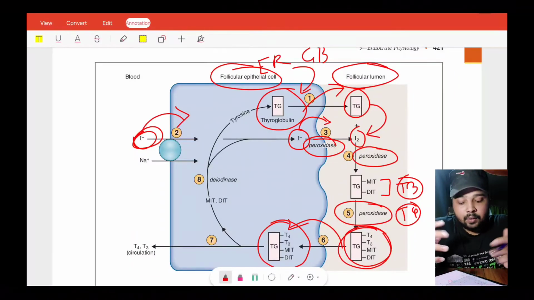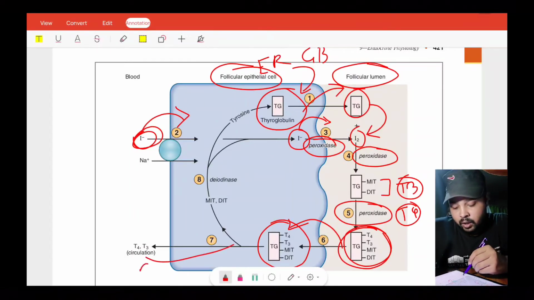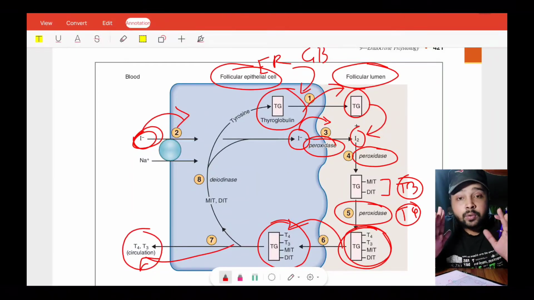They become free and move from the follicular epithelial cell into the blood or systemic circulation. What remains in the follicular epithelial cell is the thyroglobulin attached with MIT and DIT.